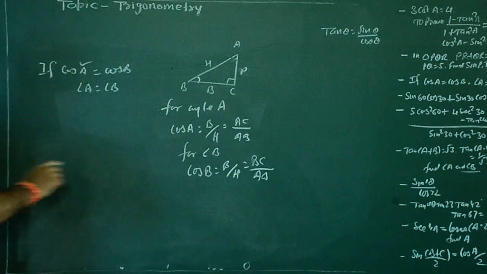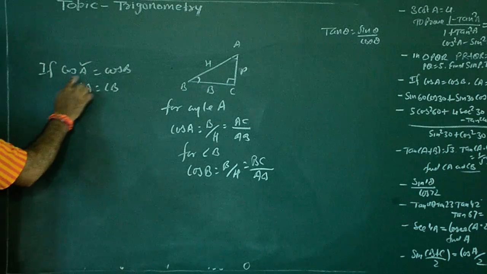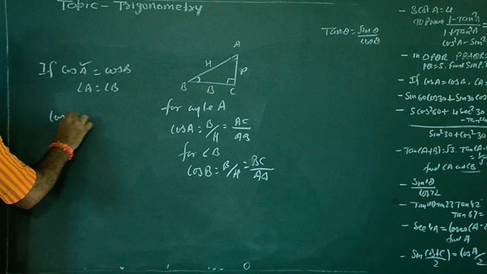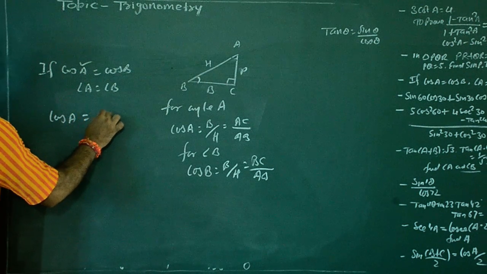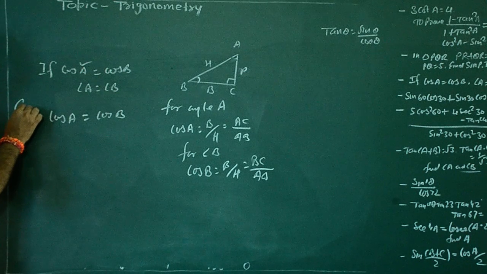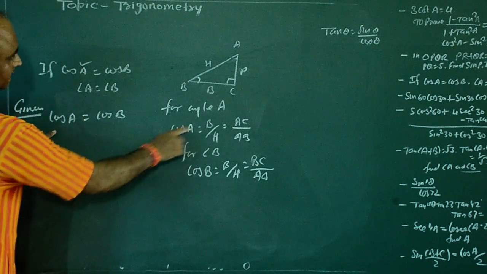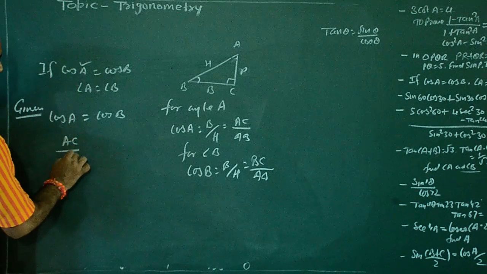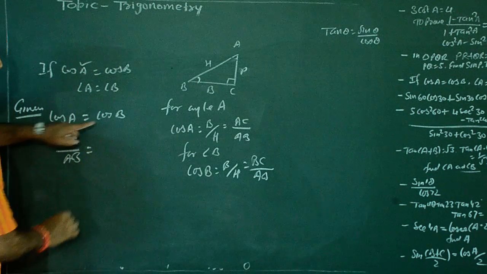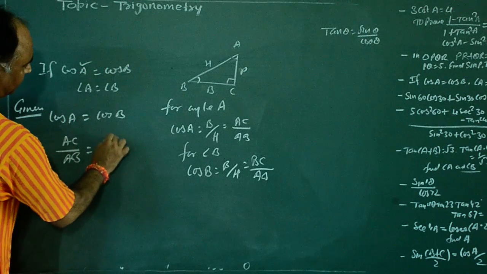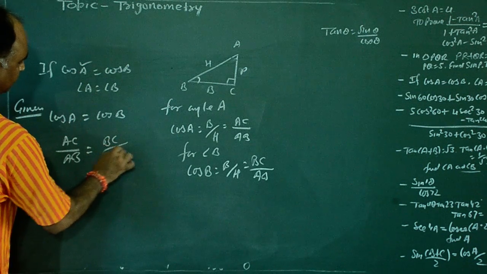So you have to put the values for cos A and cos B. Since it is given that cos A equals cos B, now put the value for cos A. You have AC upon AB, and the value for cos B is BC upon AB.